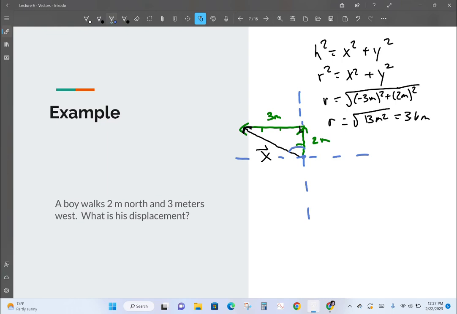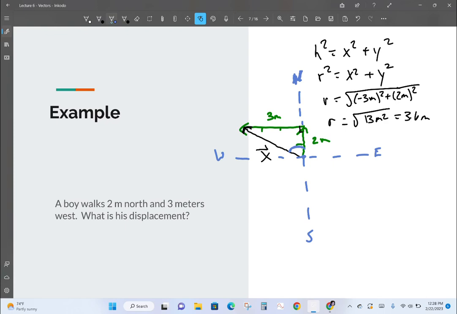If you look at my resultant vector, my displacement vector, that vector is west of the north axis. So remember, this is north, this is west, this is east, and this is south. If I find this angle, I want to give it a direction to describe it. And I don't want to say northwest, because northwest means it's directly in between, at 45 degrees.